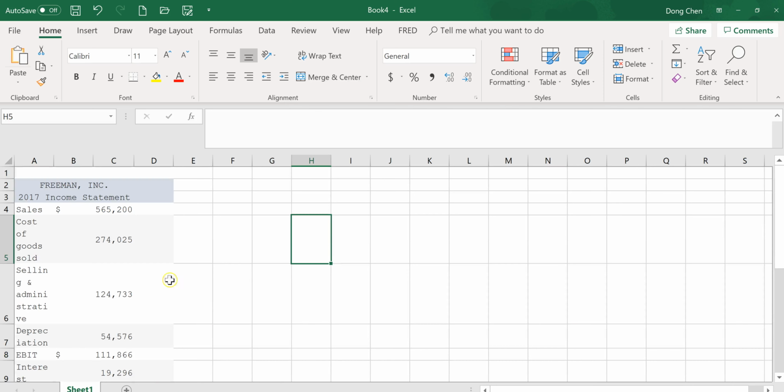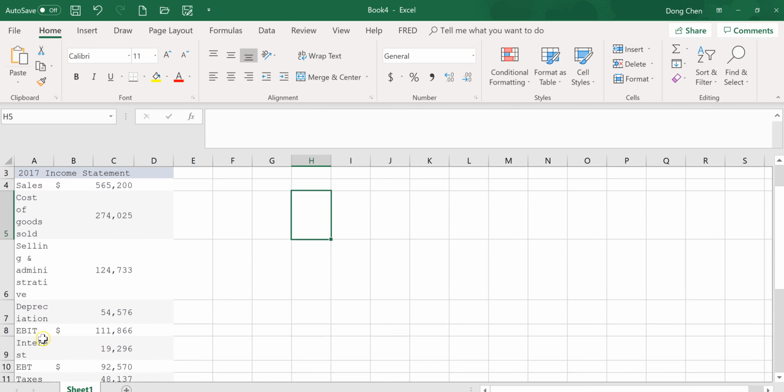We just need to calculate. So we start from sales and cost of goods sold, selling and administrative expenses, and depreciation. Then we arrive at the EBIT, which is the sales minus the cost so far, including the depreciation. And then we subtract the interest, and then we get to EBT.